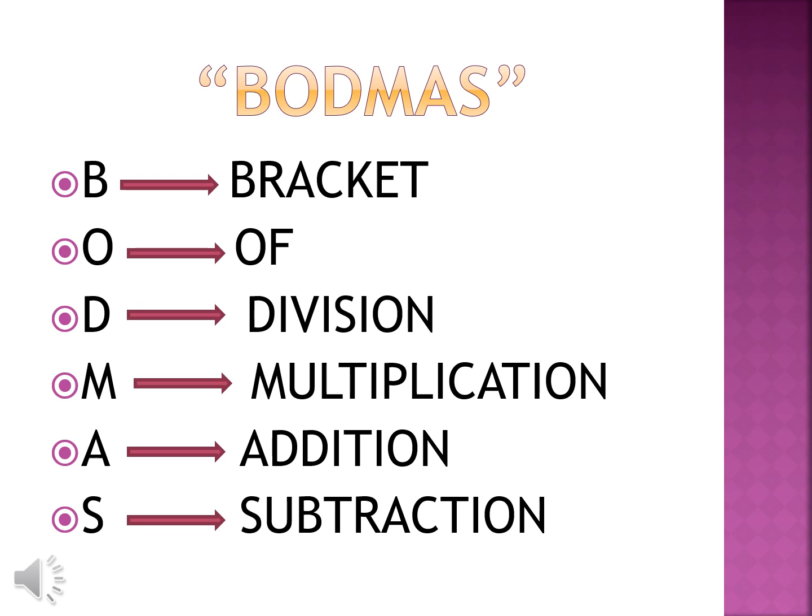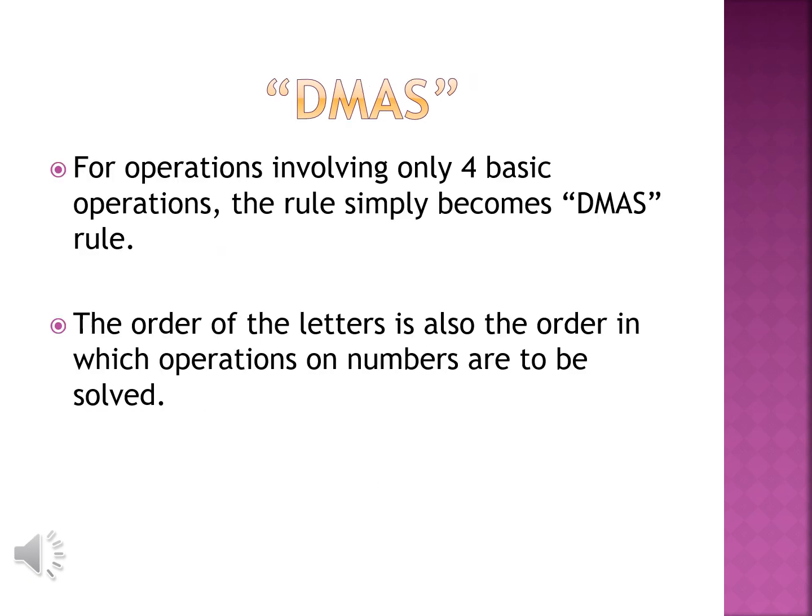Now let's try to solve the questions using this rule, and then you will see that you will get the same answer. Before solving the questions, just see what DMAS is. This is a part of BODMAS. We have removed B and O and the rule becomes DMAS. What is DMAS? Division, multiplication, addition and subtraction. For operations involving only the 4 basic operations, the rule simply becomes the DMAS rule.